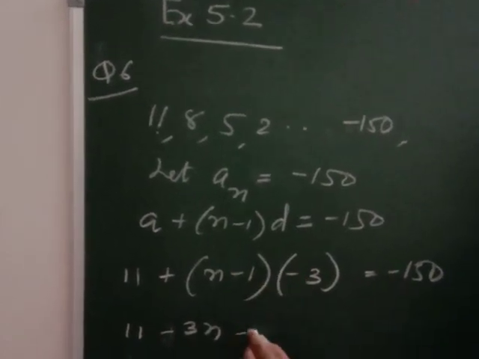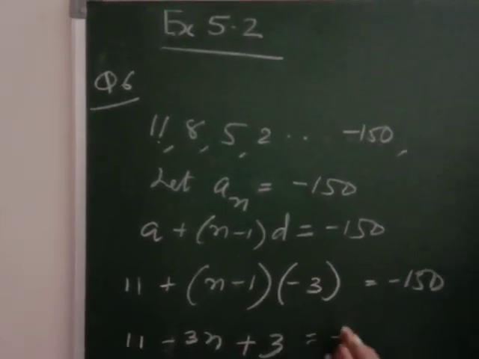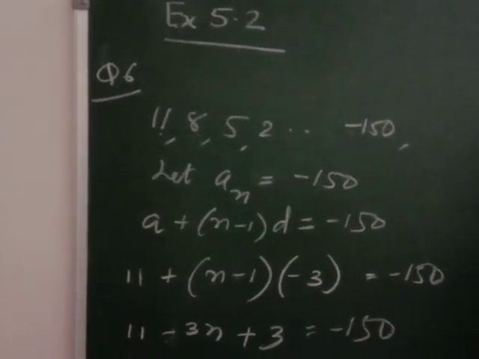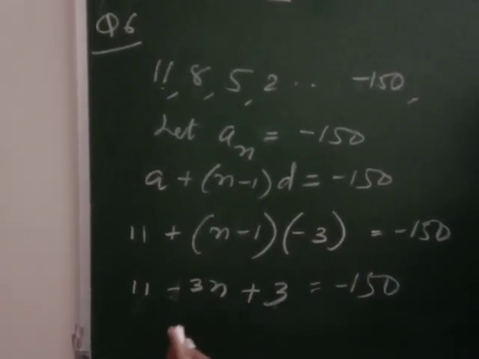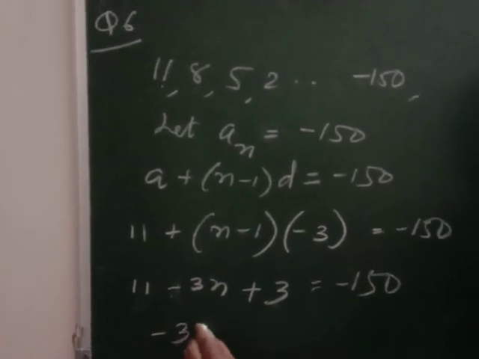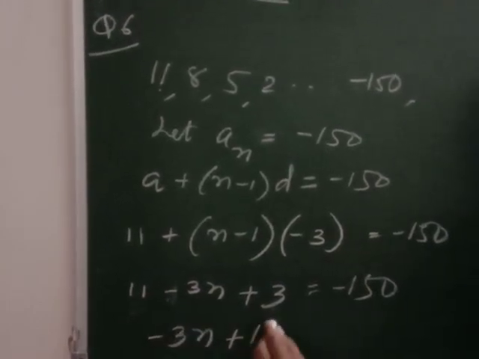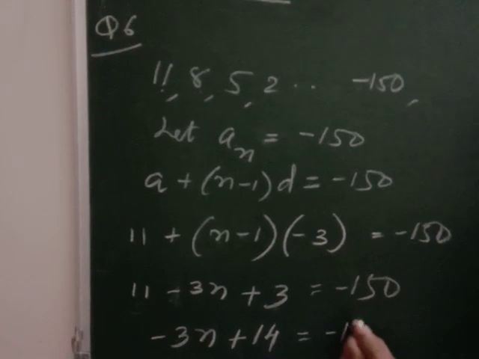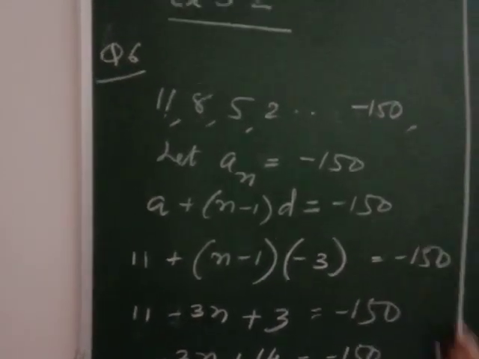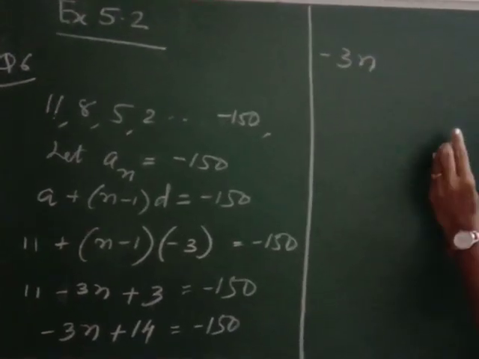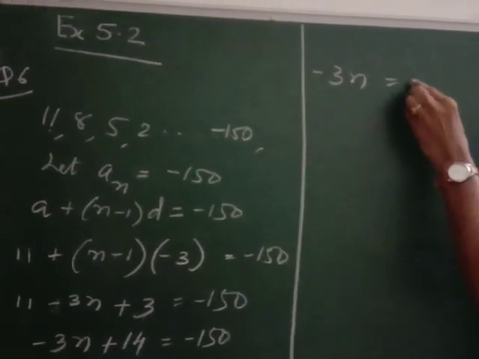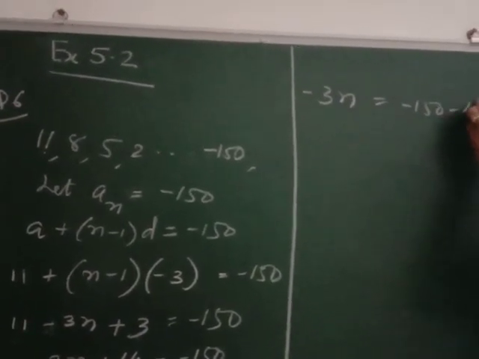Minus into minus is plus 3, is equal to minus 150. Now 11 plus 3 is 14, so minus 3n plus 14 is equal to minus 150. So minus 3n is equal to minus 150 minus 14.